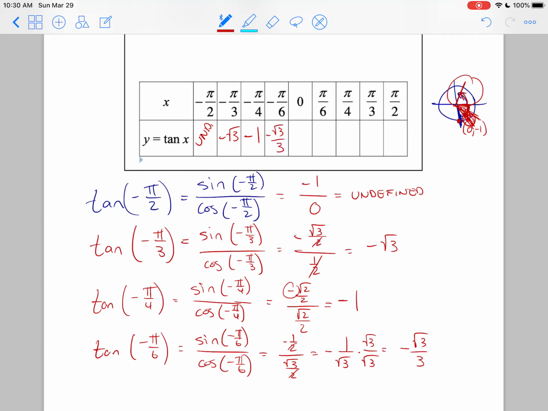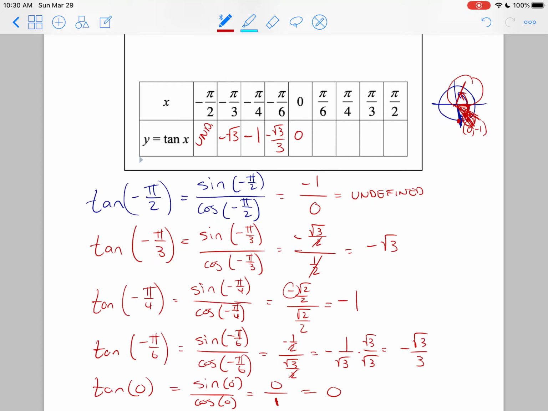Okay, so the final one is tangent of 0, and that's sine of 0 over cosine of 0, sine of 0 being 0 and cosine of 0 being 1, and so that gives me 0.